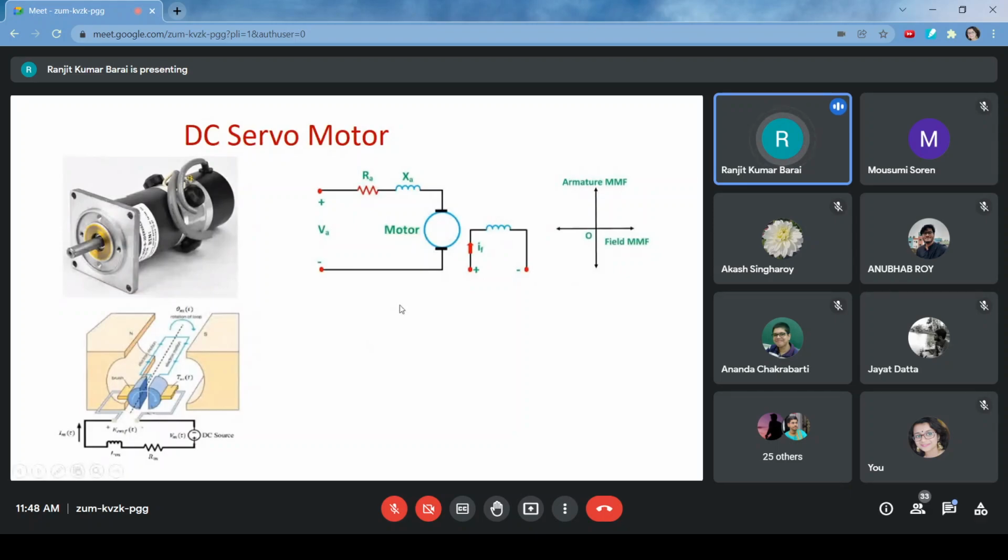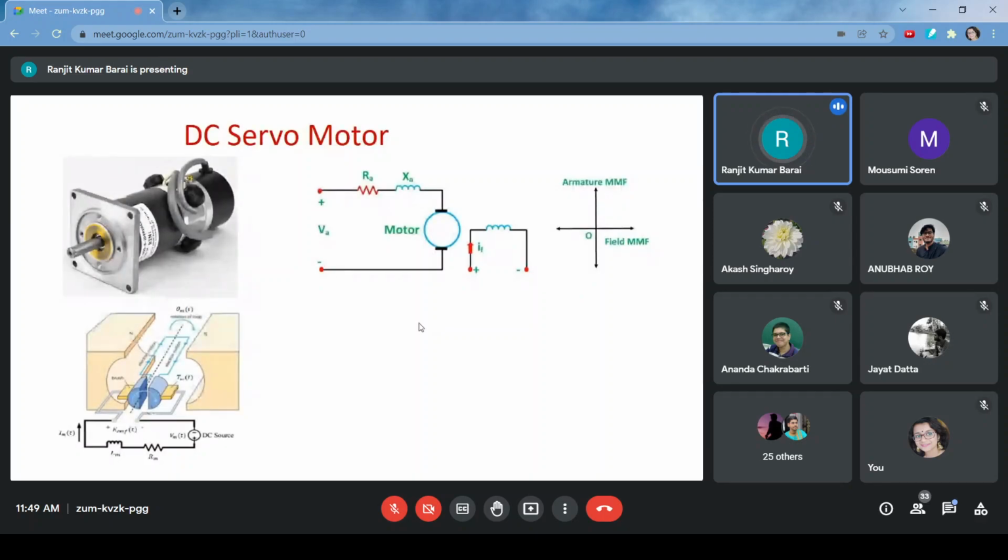Now, in order to reduce the mechanical time constant, what should be done? We have to look into the mechanical design in that case. The mechanical design of any rotating machine says that the mechanical power output of any rotating machine is proportional to the square of its diameter and proportional to its length.